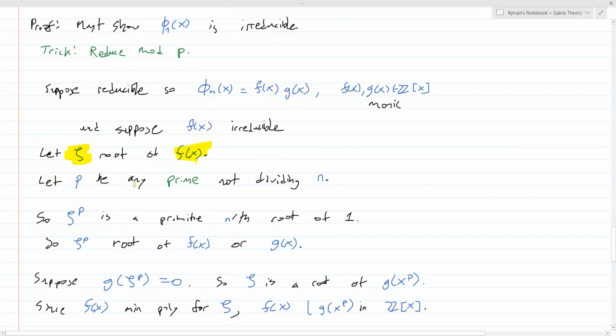Then zeta is a root of the nth cyclotomic polynomial, which has the primitive nth roots as its roots. So zeta is a primitive nth root of unity.